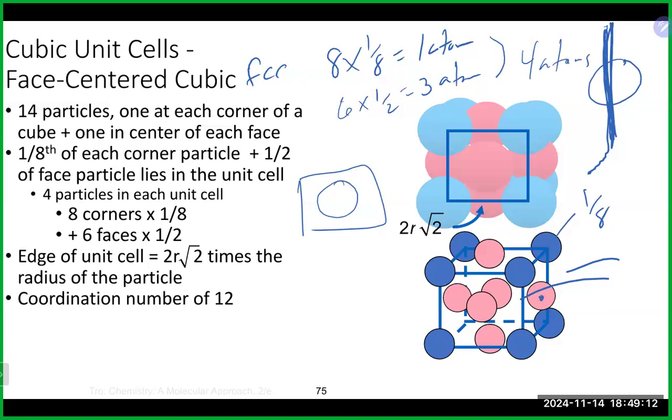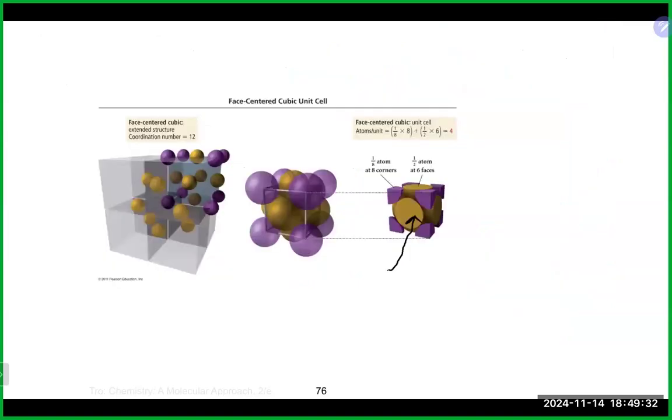As you can see here, you have an atom stuck right in the face of each of these. And again, it will dissect that atom right in half, and you'll have a half an atom on each of those faces. To calculate the length, it will be 2 times the radius times the square root of 2 in this case. And that's what you can see here.